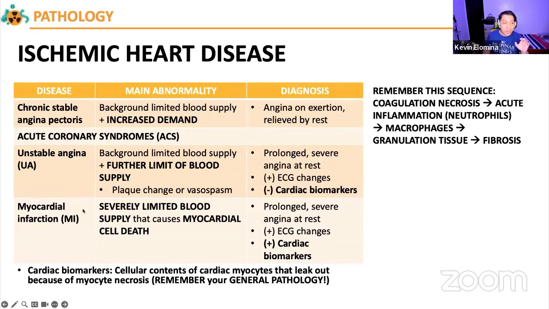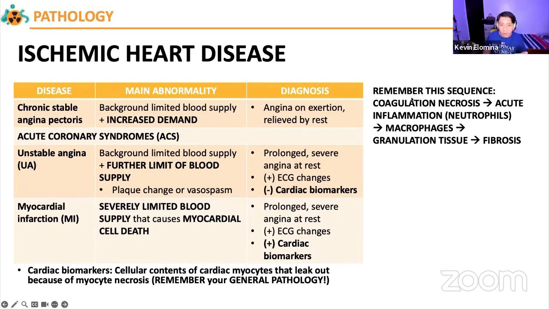But for your unstable angina and your myocardial infarction, the difference is in your myocardial infarction, there's already myocardial cell death, no? And that clinically manifests as what? Increase in your cardiac biomarkers because tumatagas sila from the cardiac muscle to the blood. Okay? So yun.